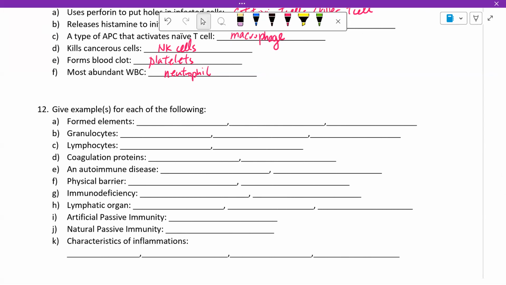Formed elements, well, we know it is RBC, aka erythrocytes, WBC, which is leukocyte, and platelets, which is thrombocytes.